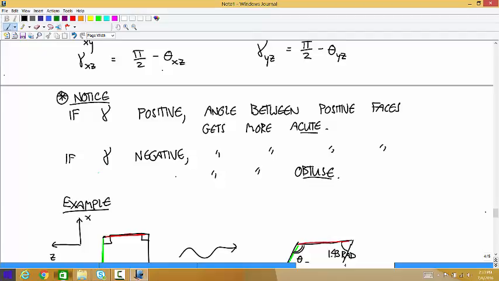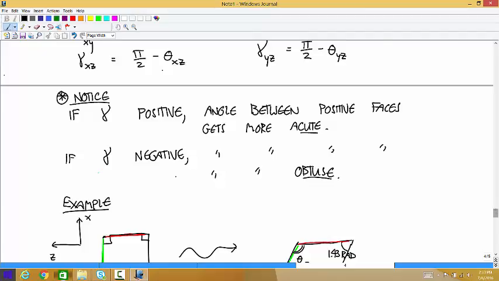Instead of doing the theta xz plus 1.43 equals pi, can we just do pi over 2 minus 1.43 and then see what kind of angle it is? If it's obtuse, then we just put negative, and if it's acute, we just leave it positive. Yes, I guess that's right. Any other questions?